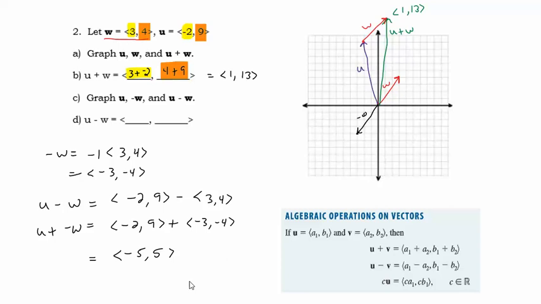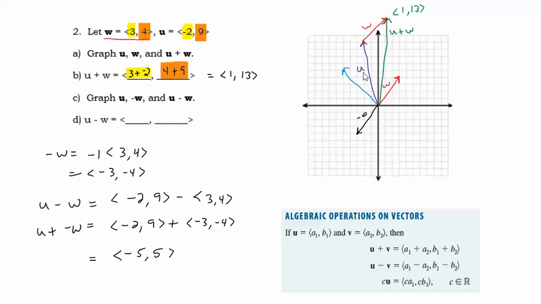All right, so if we graph that vector -5, +5, 1, 2, 1, 2, 3, 4, 5, that would be here. All right, so that's the vector u minus w. So here's the vector u. And here's the vector minus w going this way. This is minus w in standard position.